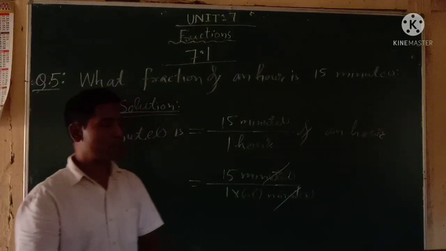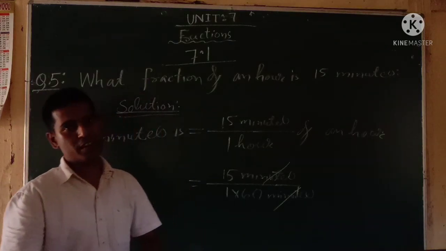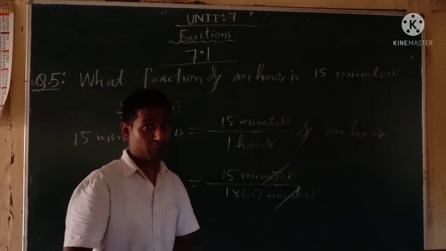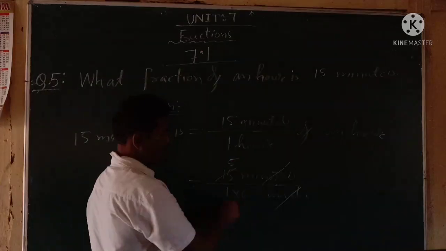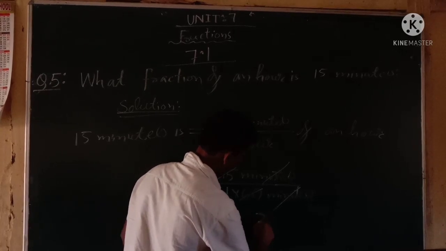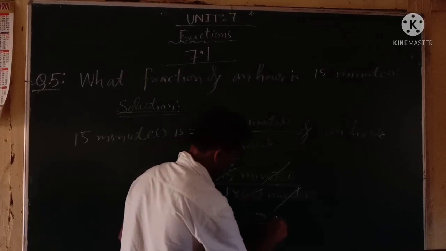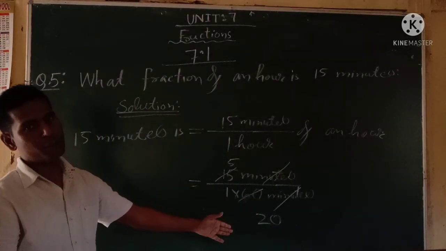A number is divisible by 3 if the sum of its digits is divisible by 3. So 3 times 5 is 15 and 3 times 20 is 60. We got 5 by 20.